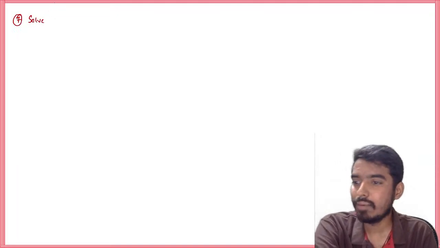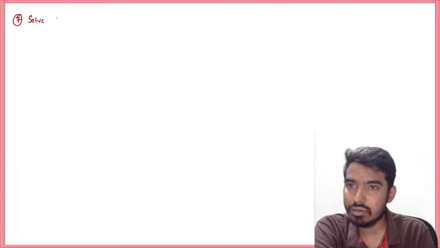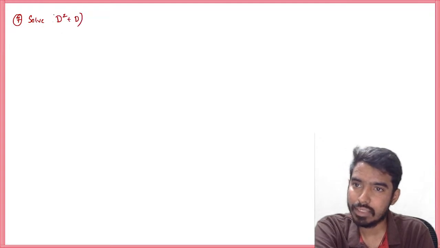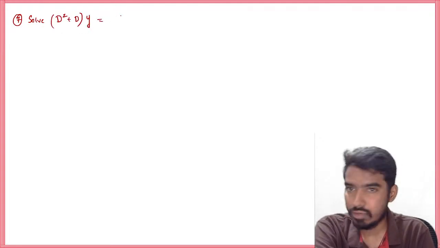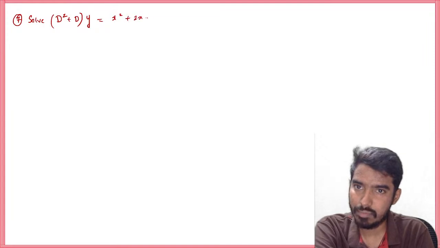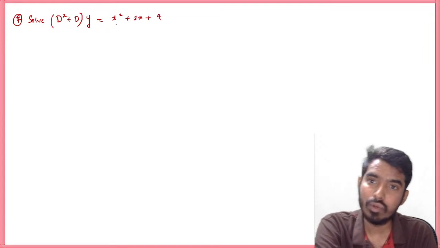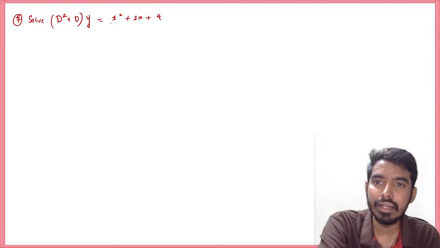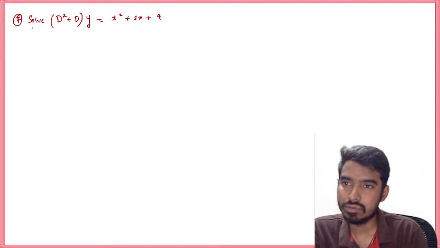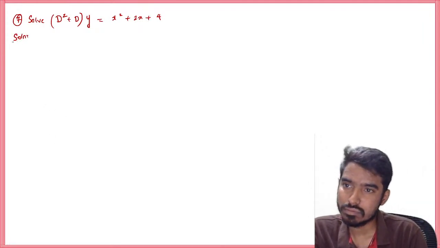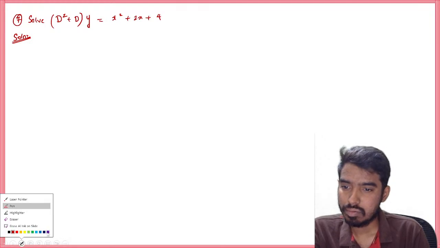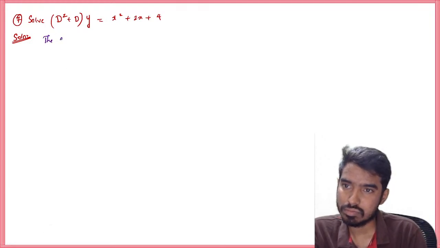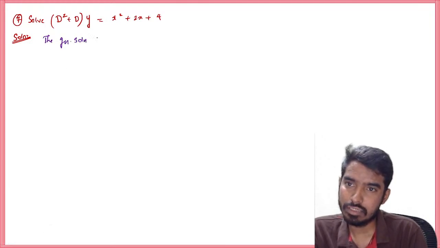So we can do any problem, right? Very simple. Solve (d square plus d) of y is equal to, actually a UPSC question, x square plus 2x plus 4. You can take this as PI1, PI2, PI3, or you can take this entirely as one PI and find PI, right? Good. General solution is y is equal to CF plus PI.